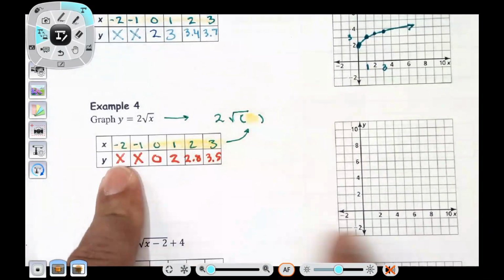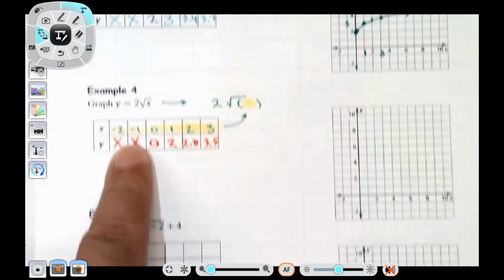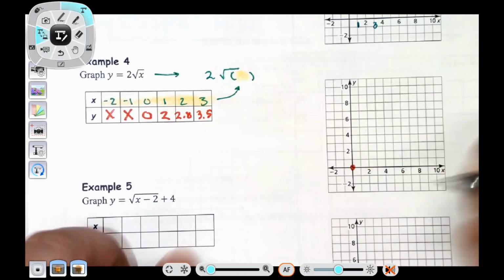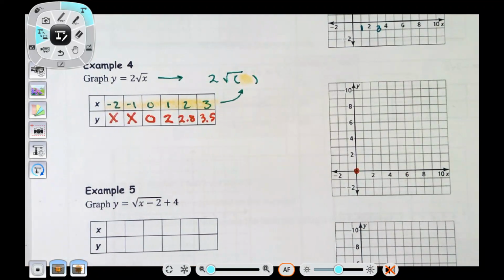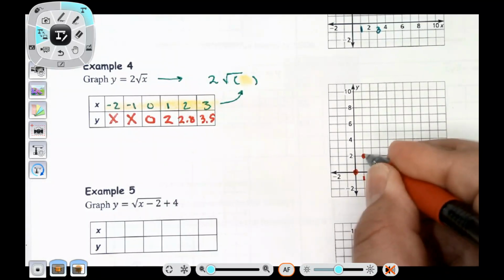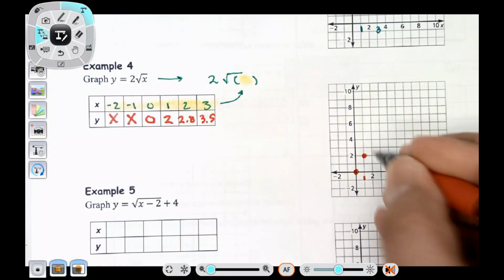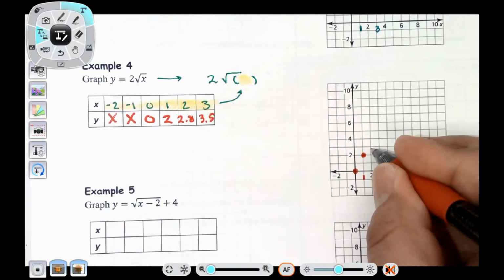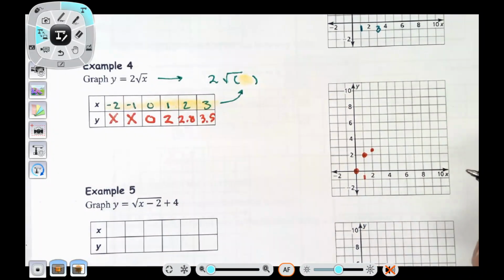So again, I'm not going to use the -2. I'm not going to use the -1. The first point is 0, 0. There it is, 0, 0. The next point is 1, 1. But then I go up to 2. So notice it's almost like they're stretching it out. The next one is 2. And then I go to 2.8. So just under the 3 mark.